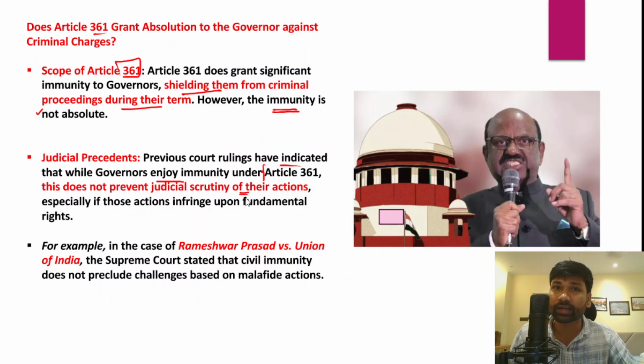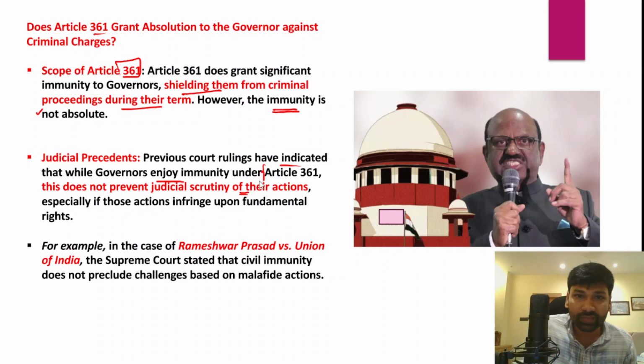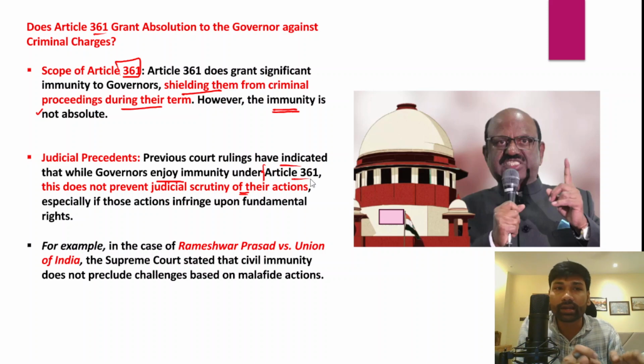But what about the actions of the governor which have nothing to do with their constitutional functions? Article 361 does not prevent judicial scrutiny of their actions, especially if those actions infringe upon the fundamental rights of people.